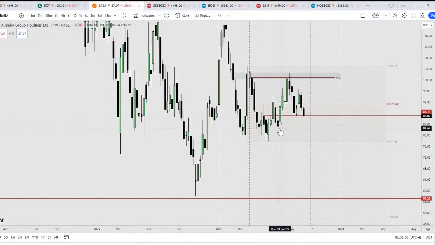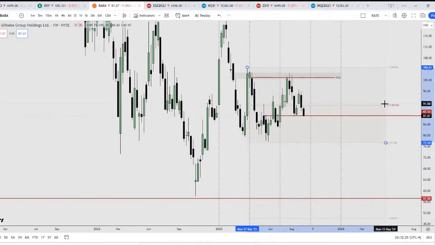And if price is going to overextend, then it's going to have speed below this swing low into this swing low here. That would indicate super bearish price action, and then we're most probably going to overextend. So that is what I'm looking at for Alibaba.